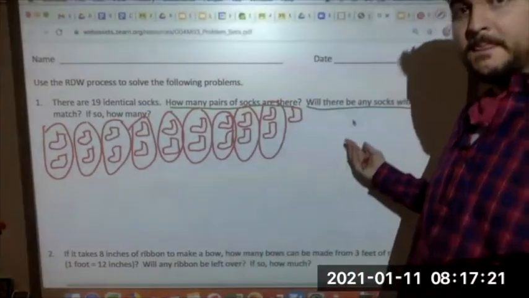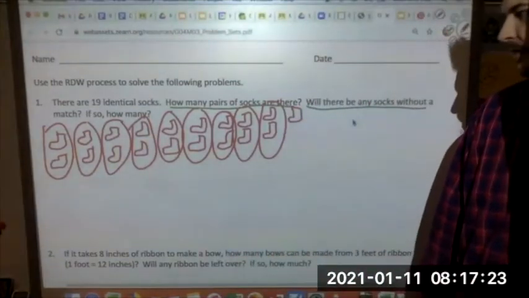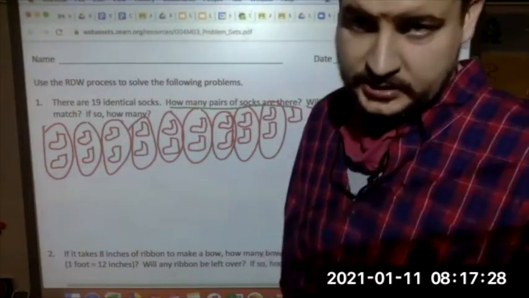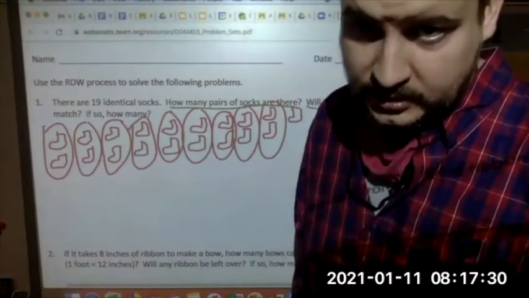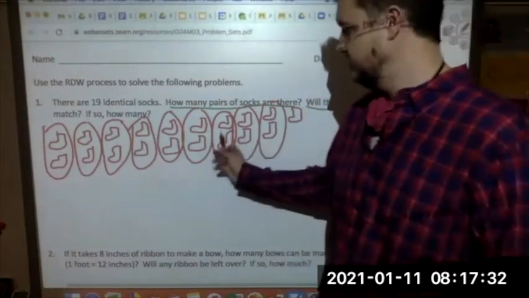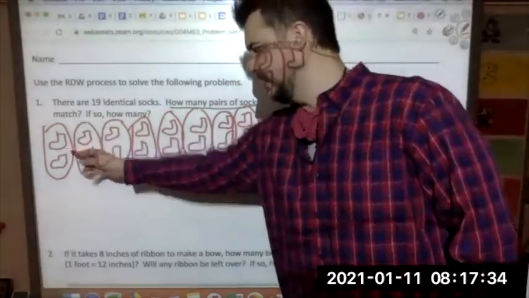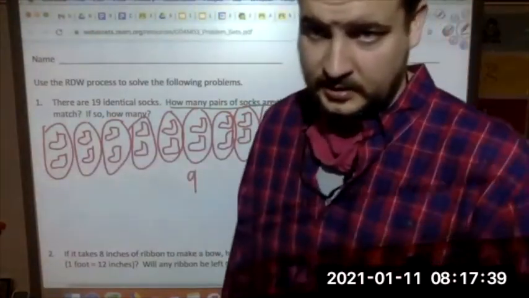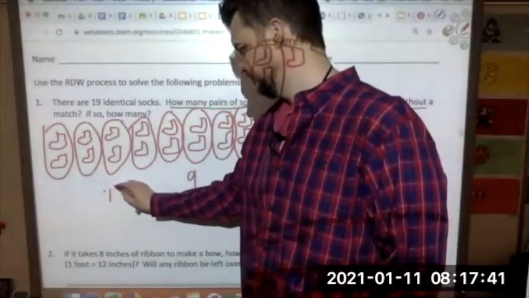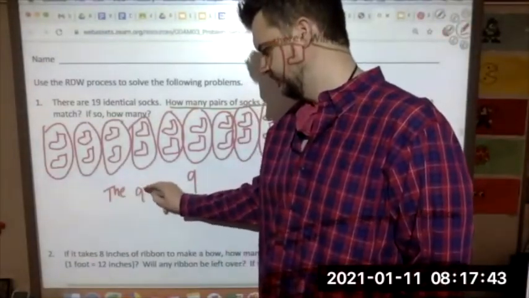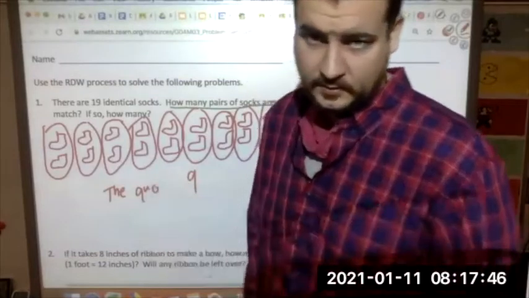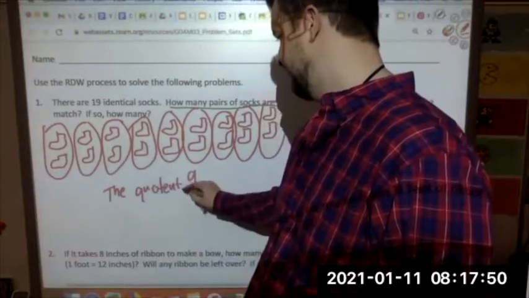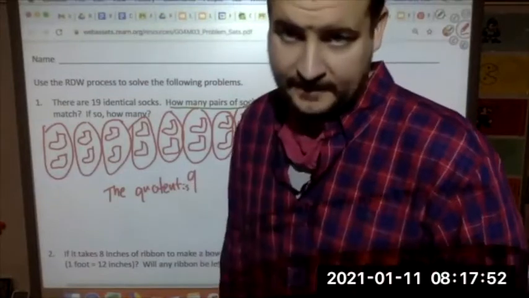So there's 1 left out. So the question is, the quotient, the answer, is that there are 1, 2, 3, 4, 5, 6, 7, 8, 9 groups of socks. So you would say the quotient, the answer, is 9.